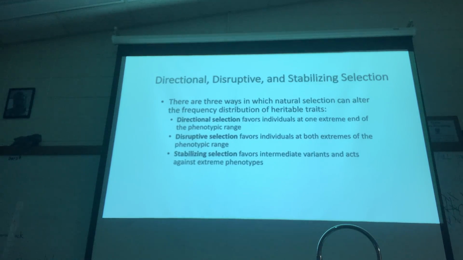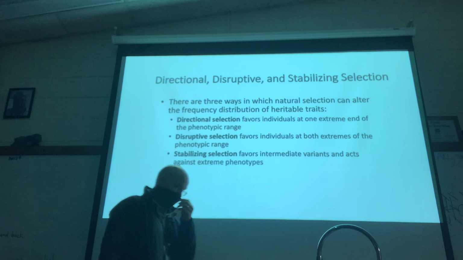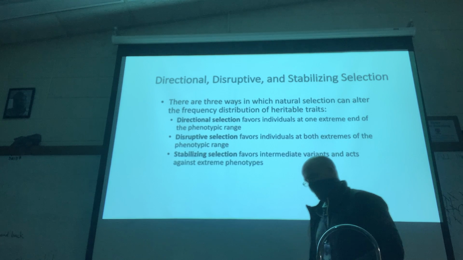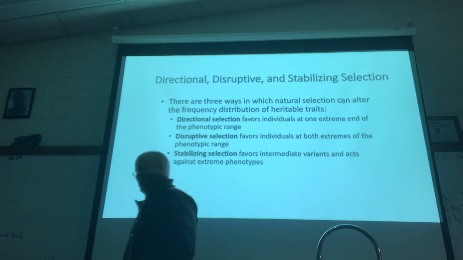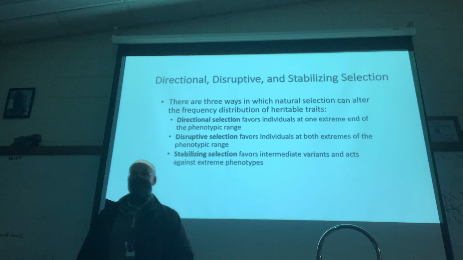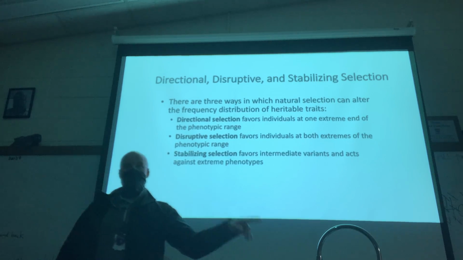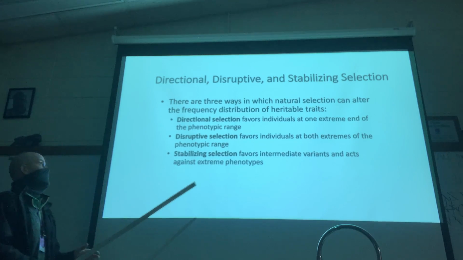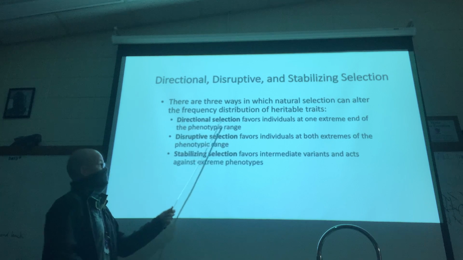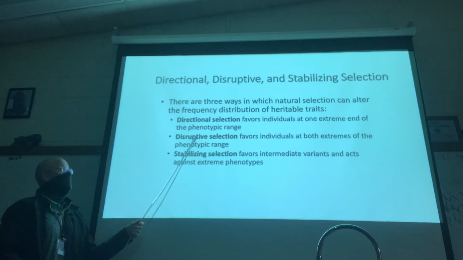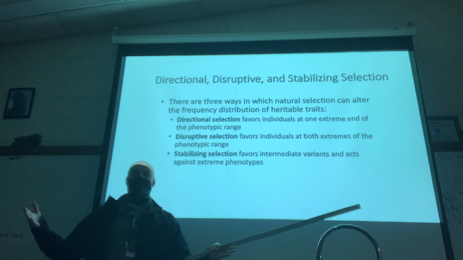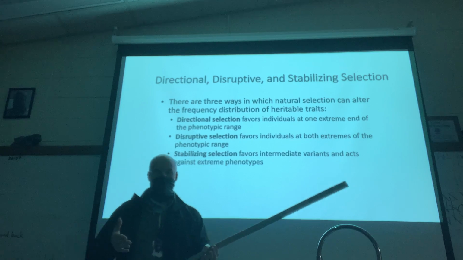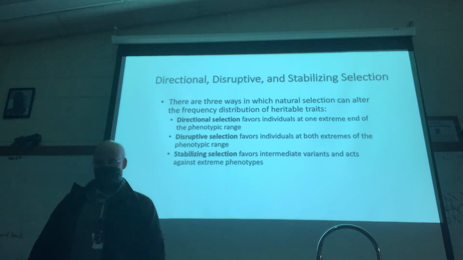Now, with that in mind, I want to look at the three subtypes of natural selection. So you don't always have a push in one direction specifically. That is one of the subtypes, directional selection, but there are other ways in which nature can select for certain individuals.